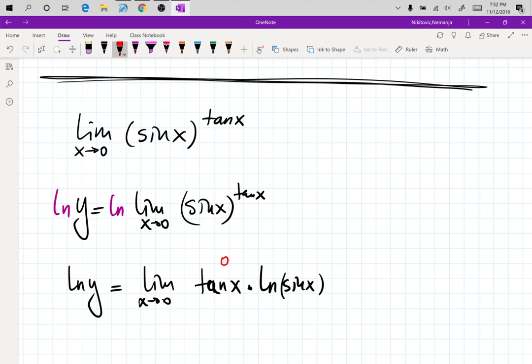Sine of 0 is 0, but ln of 0 is negative infinity. So now you use 1 over f, and that will change it into a fraction. Just take the derivative next step, write independent problems, and we're done.